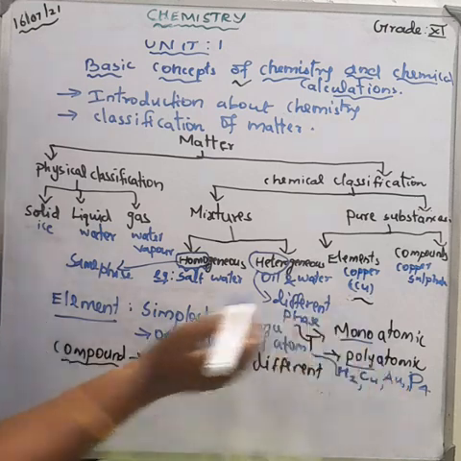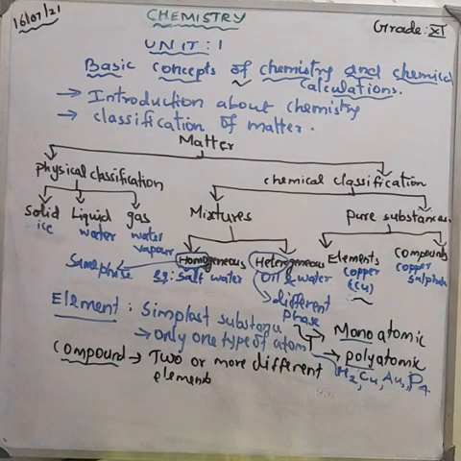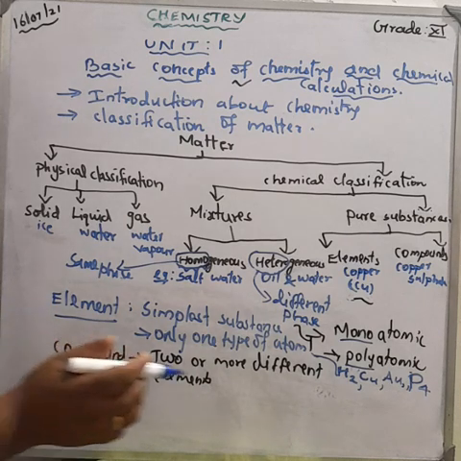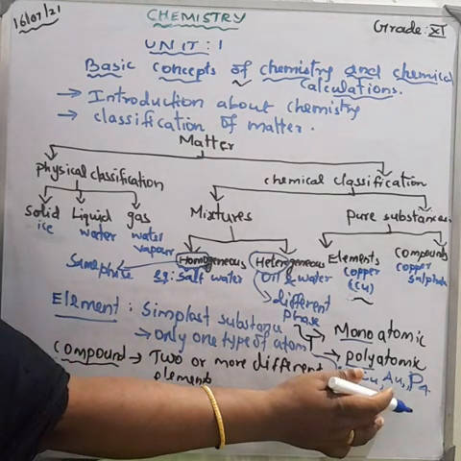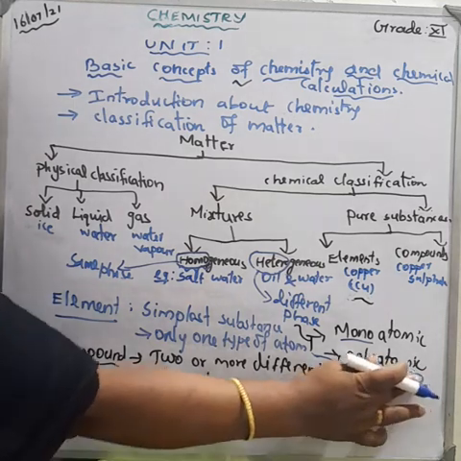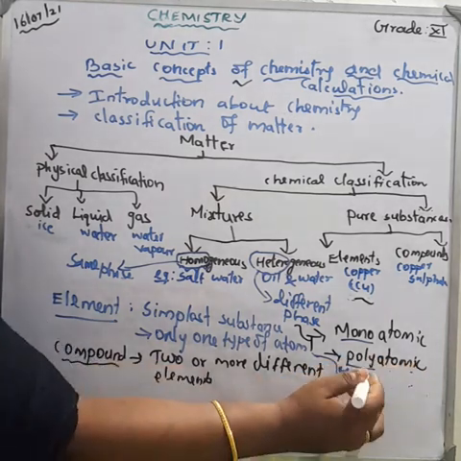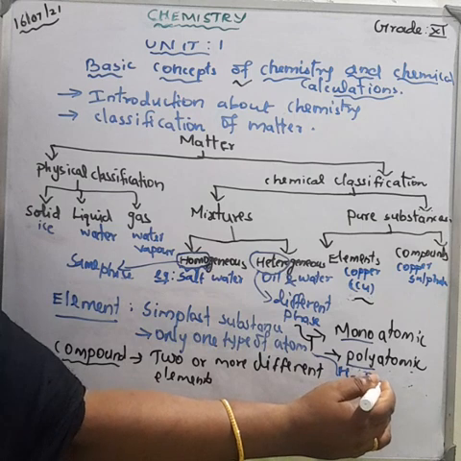What do you mean by atomicity? Atomicity means the number of atoms present in a molecule. Understand? So what is the atomicity of phosphorus? 4, because the phosphorus molecule is P4. How many atoms does it have? 4 phosphorus atoms.